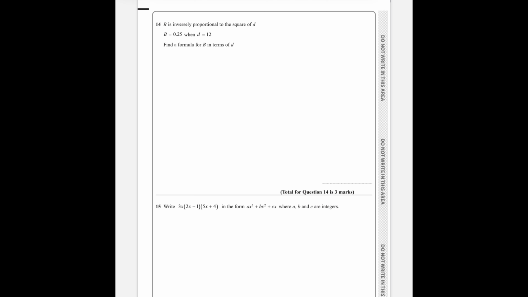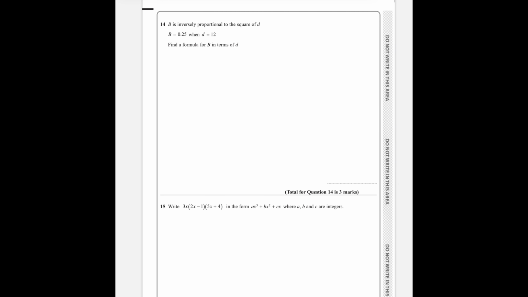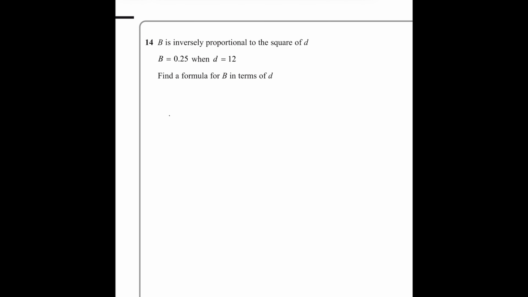All right, next. B is inversely proportional to the square of D. B equals 0.5 when D is 12. Find a formula for B. Okay, so inversely proportional is going to be 1 over the square of D, which means that B is equal to K over D squared. So basically we just want to find K to find a formula.